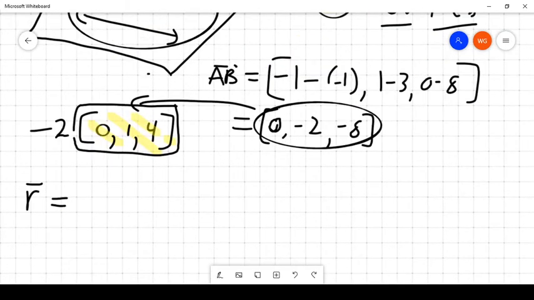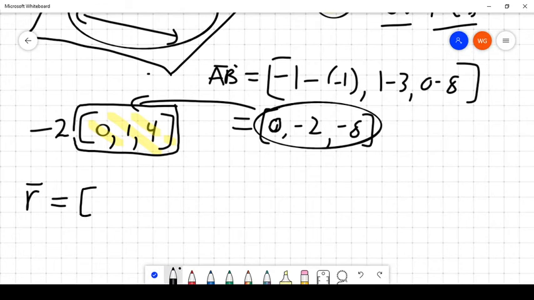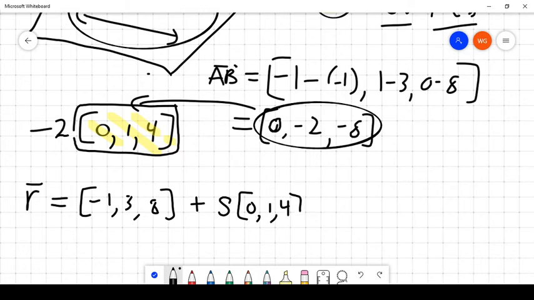Okay, so the equation of the plane is going to be the position of the plane, which can be established by any point that lies on the plane, plus s times 0, 1, 4. Okay. Oops, I don't want a parallelogram. That's 0, 1, 4 plus t.